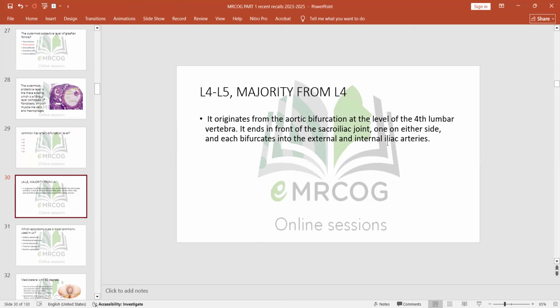Until I saw this question, I was always answering it as the level of the sacroiliac joint, and the sacroiliac joint is somewhere between L4 and L5. But when I searched some papers, they mentioned that the majority of people are at L4. So let's go for L4.